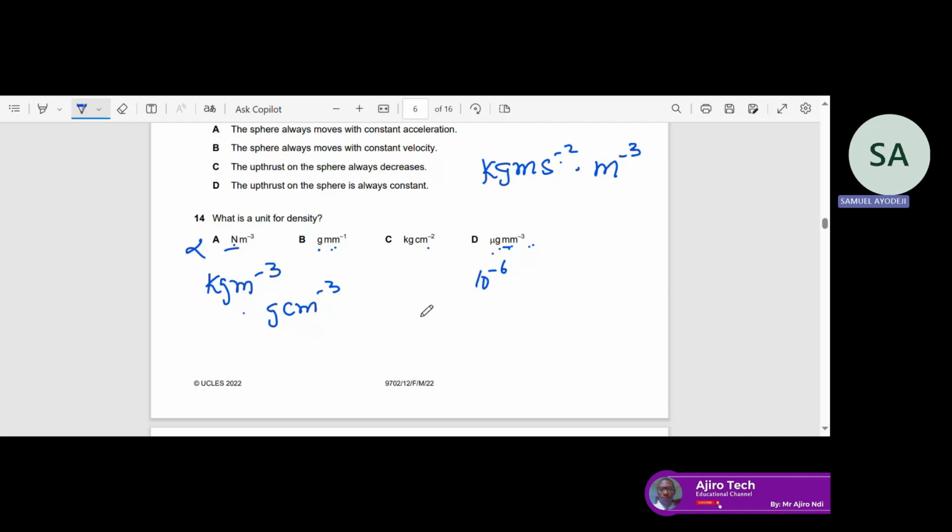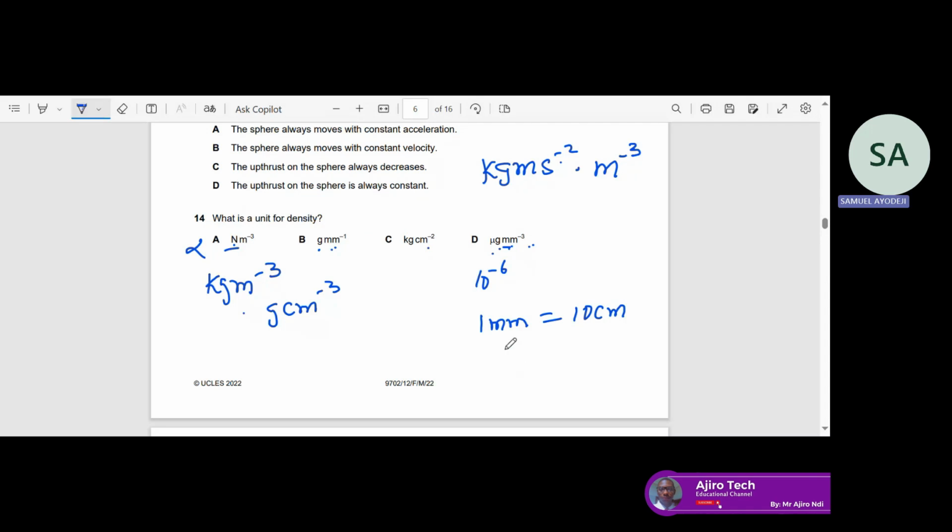So I want to convert millimeter cube to centimeter. How many centimeters make a millimeter? 1 centimeter is equal to 10 millimeters.